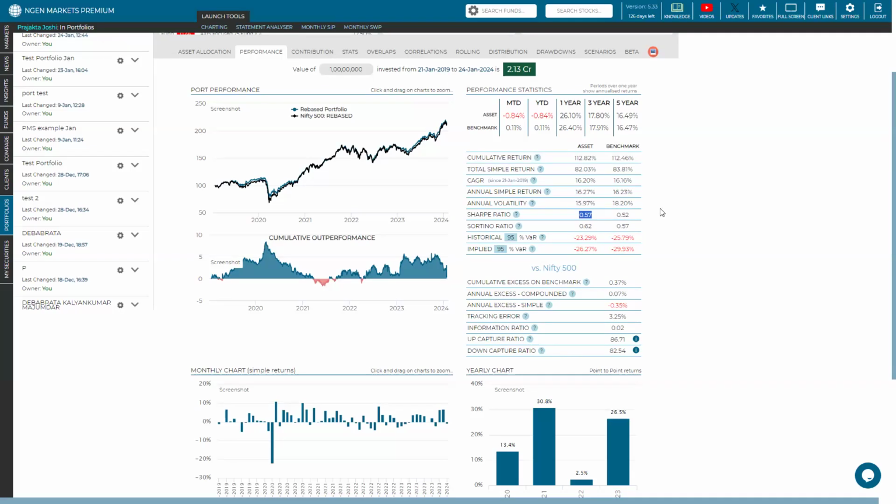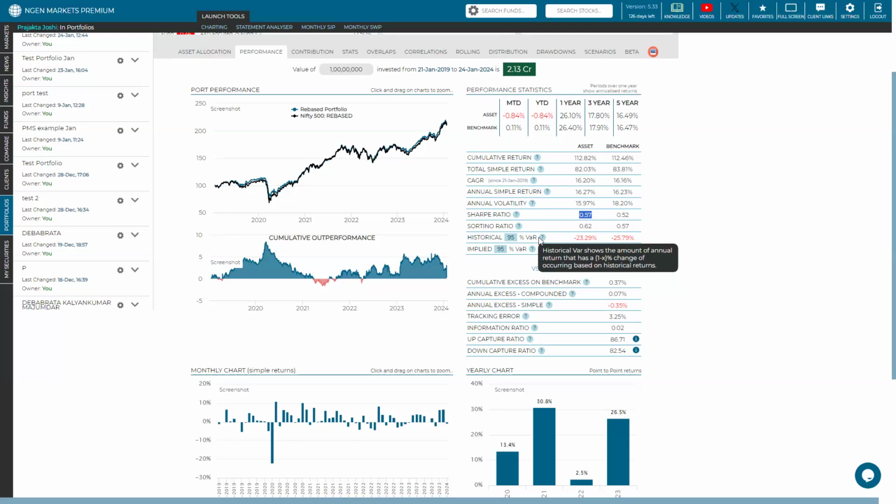Next, what we can also check is the value at risk as a parameter. This is a measure of the downside risk that is there in the portfolio. So if we were to interpret this in layman's terms, we can say that if 100 rupees is invested simultaneously in the benchmark, that's Nifty 500, as well as my portfolio, my portfolio would go down by a negative 23.29%, right?